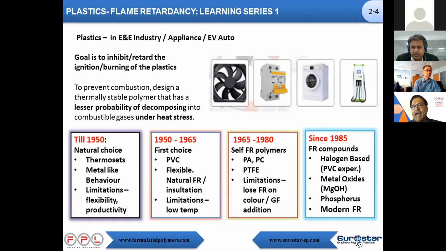So we thought we would add chlorine or a halogen to the polymer to make it flame retardant. Then we had metal oxide. Maybe Alexis will cover in a session why metal oxides are used, because they generate water. And after all, we know water is a very natural way to put off flame by removing the heat. Then we had phosphorus, and there are many modern flame retardant systems.